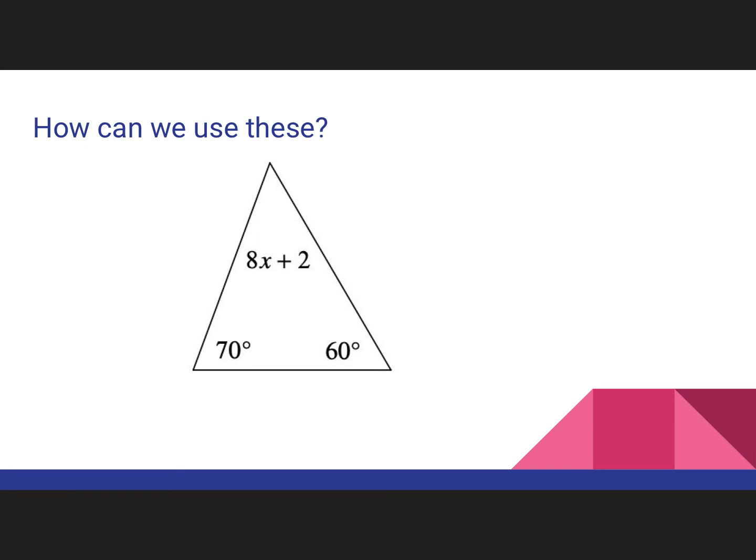So what about this one? Now I've taken this and I have turned this sort of into a math problem, right? I know that 8x plus 2 plus 70 plus 60 must equal 180. Because I know that the inside angles of my triangle have to equal 180. So the first thing I'm going to do is combine my like terms.